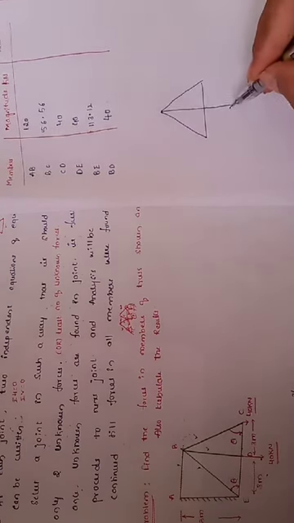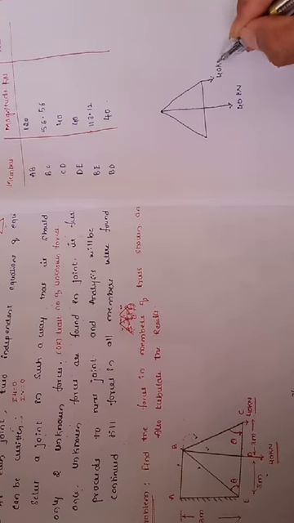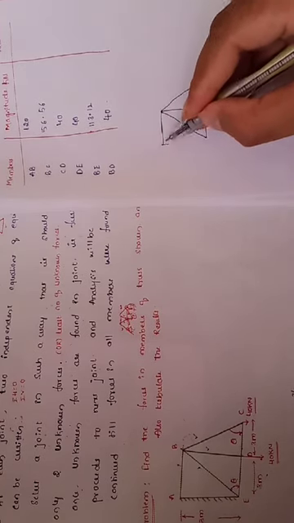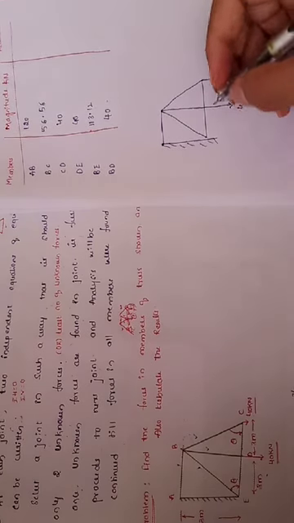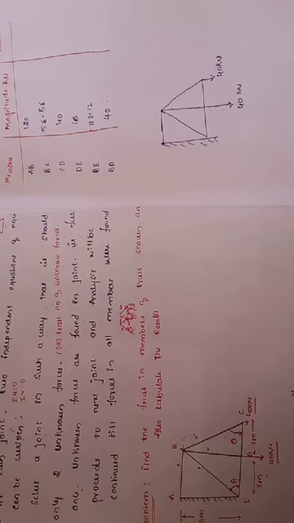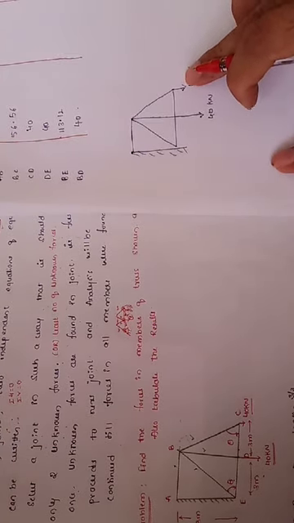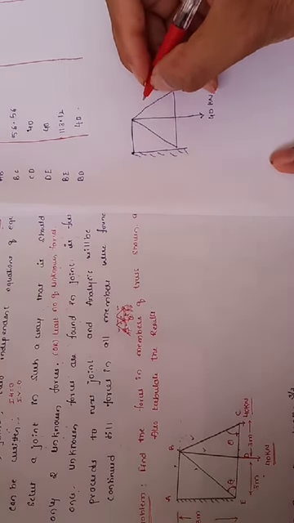So this is 40 kilonewton, so this is also 40 kilonewton. So here the member forces. This is what it looks like, right? So let us take the member CB. This member CB is subjected to 56.56, it is in tension.